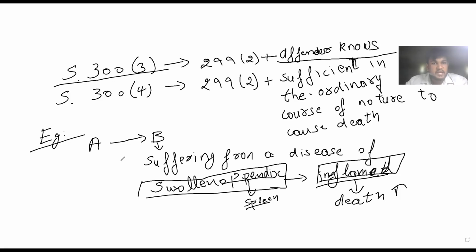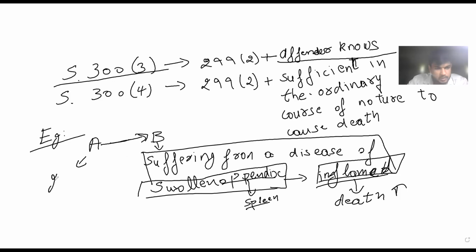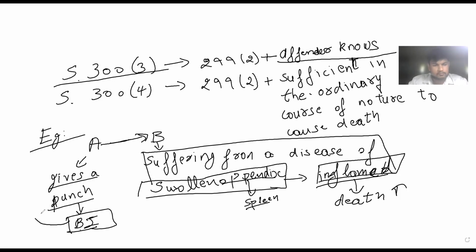Okay, now A, with this knowledge, gives a severe blow or a punch to B on that area only. Now this is bodily injury. Whenever you see bodily injury, you first need to examine section 299.